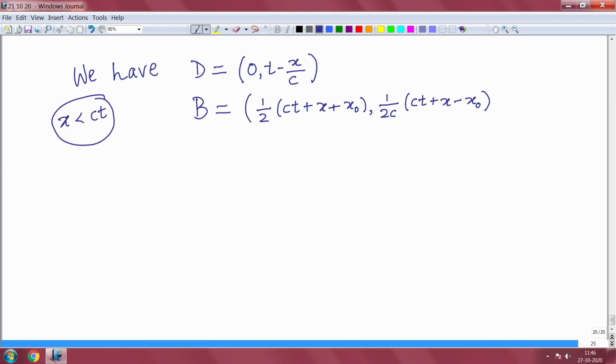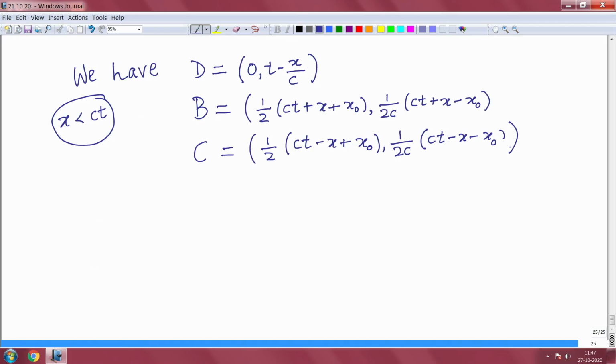So D is on the positive t axis, and the point C is (1/2)(ct - x + x_0), (1/2c)(ct - x - x_0).